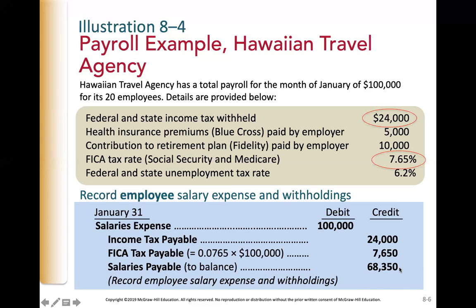We're not paying the employees yet. We're just recording it to payables right now. So gross wages of $100,000, income tax payable as stated at $24,000, FICA tax payable, the gross of $100,000 times 7.65% for $7,650, and the difference is salaries payable.